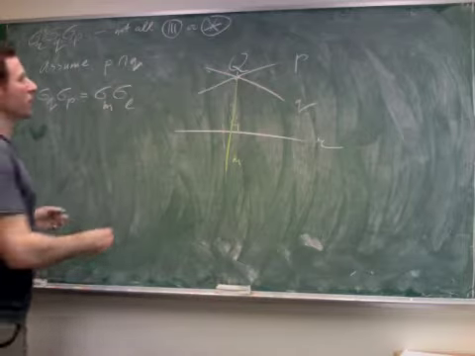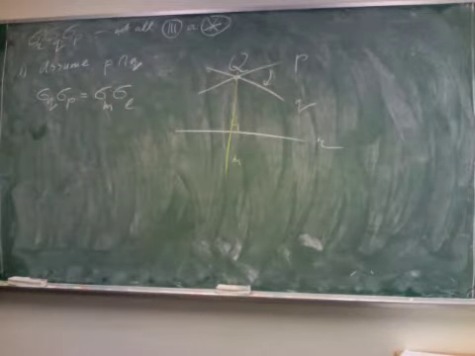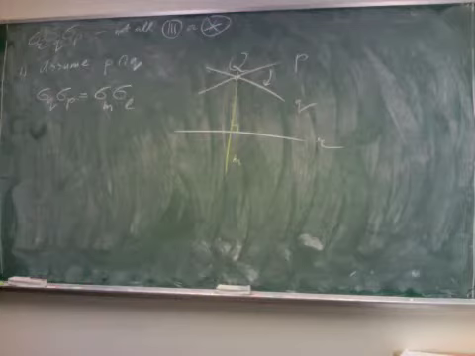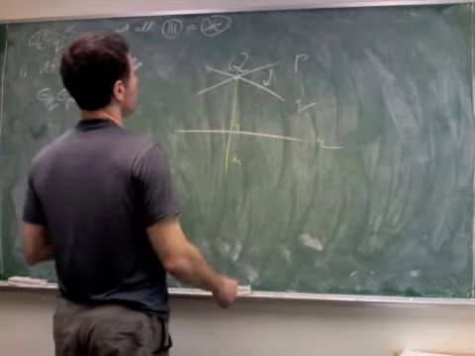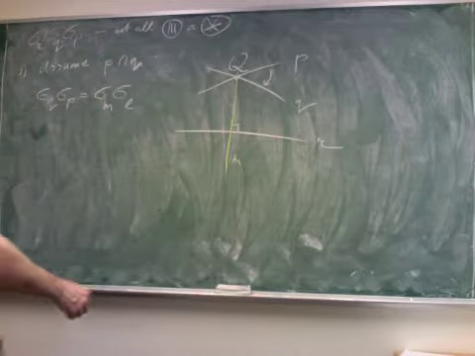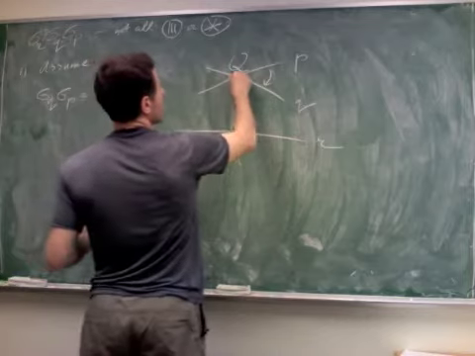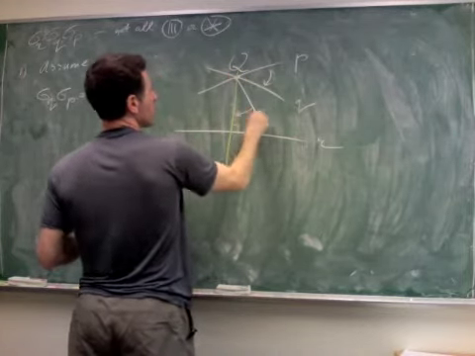In other words, if we went in this direction from P to Q, then I have to have the same from L to M instead.